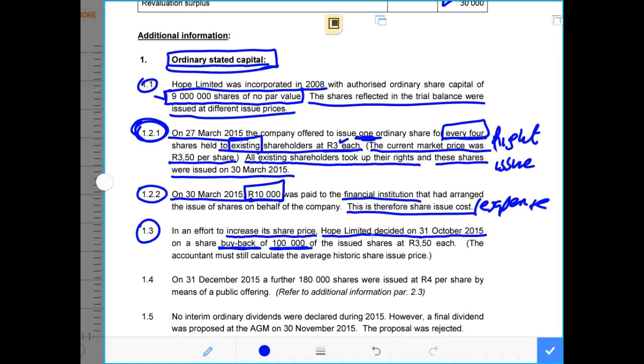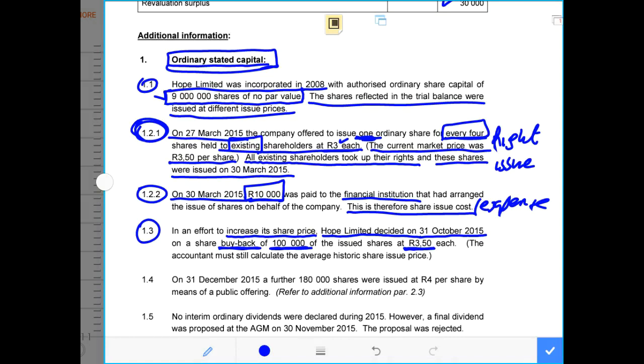In this case, there was a share buyback of 100,000 of the issued shares at 3 rand 50 each. So there is a buyback, and we are given the buyback price as 3 rand 50 cents. We are not given the issue price. We are not given the premium.